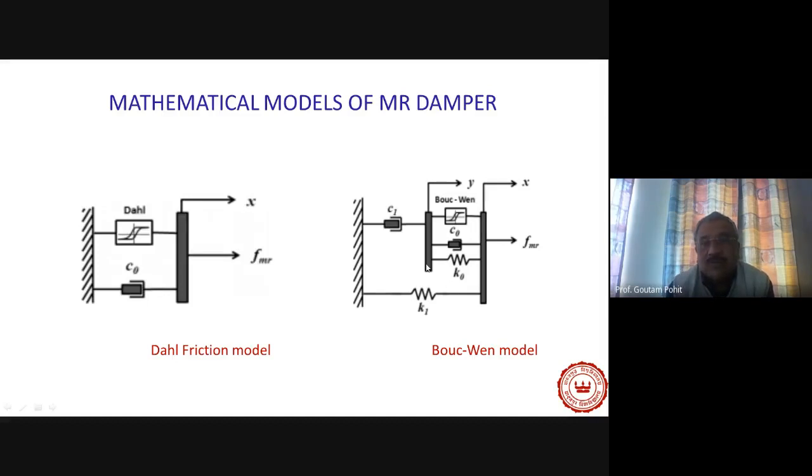It consists of these elements: a hysteresis element, a viscous element, and a spring, and with that another viscous element and a spring. X is the input and Y is the output.